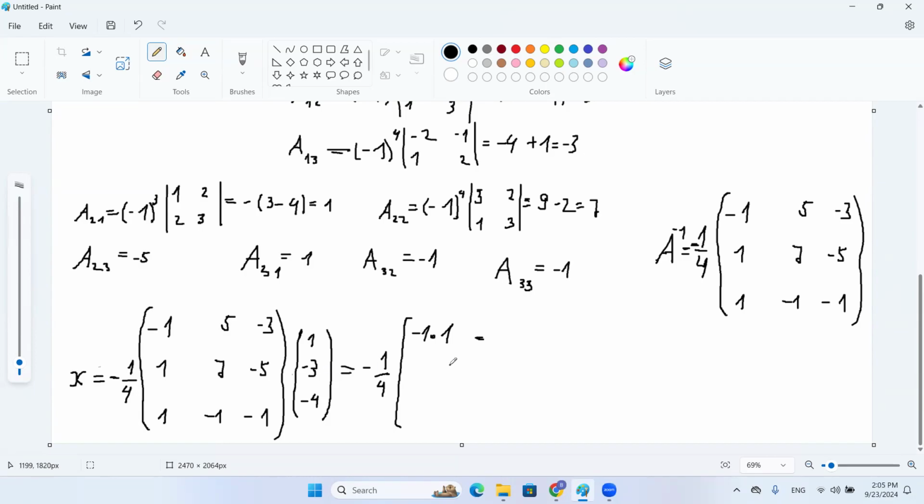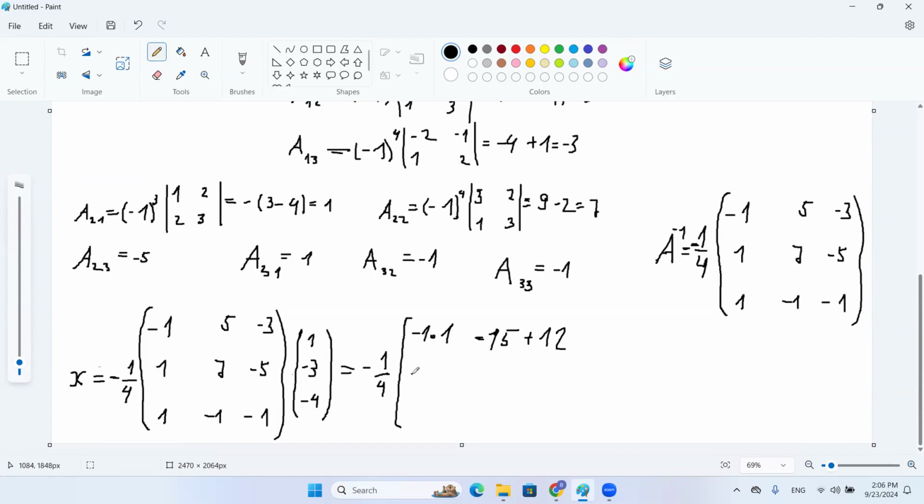Plus 1 multiplied by minus 1. Sorry. Okay, let's start. We need to multiply this row by this column. Plus -15 and plus 12.